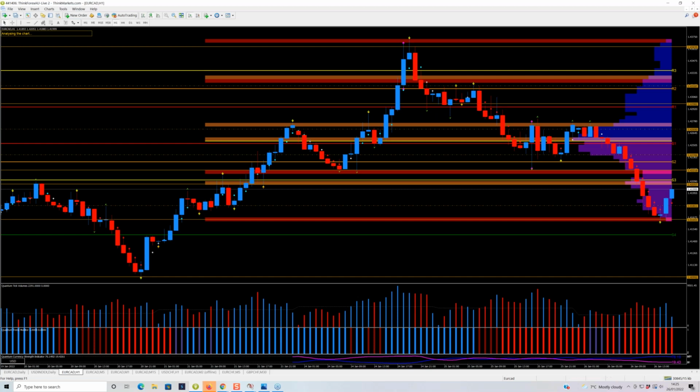For price-based, you're looking at the dynamic SNR indicator, where you have a solid line, which is stronger, or a hatch line, which is slightly weaker, and also the volume support and resistance, which is derived from the volume point of control.